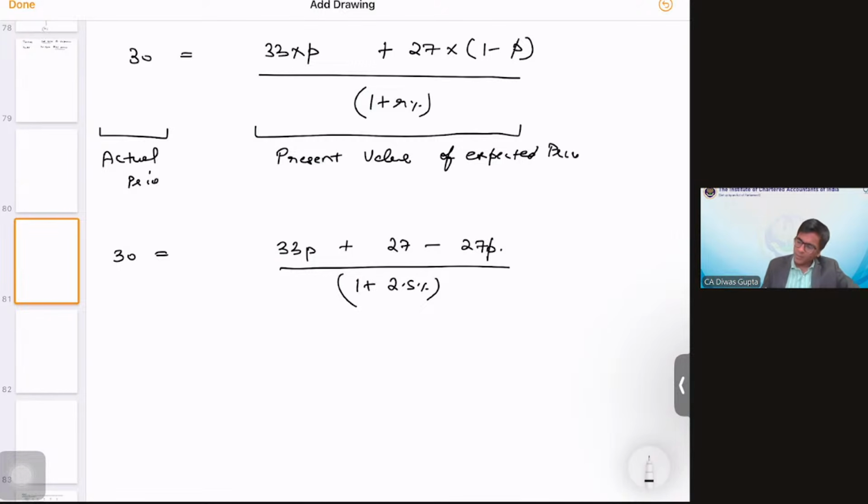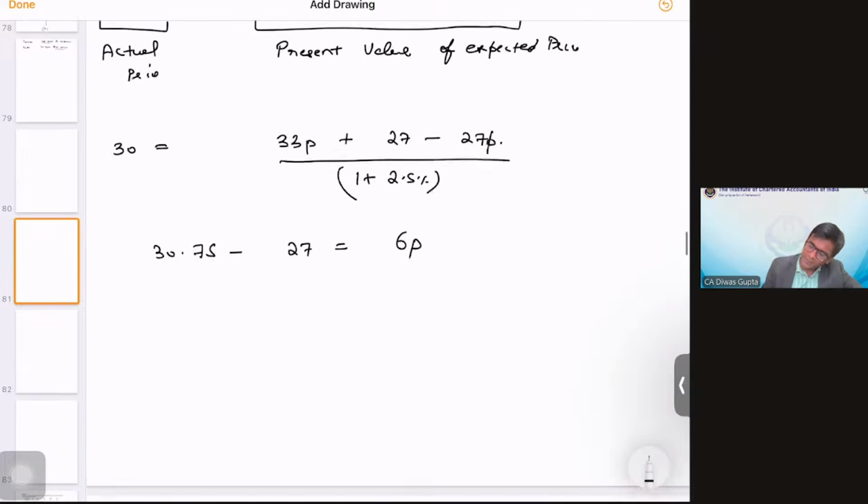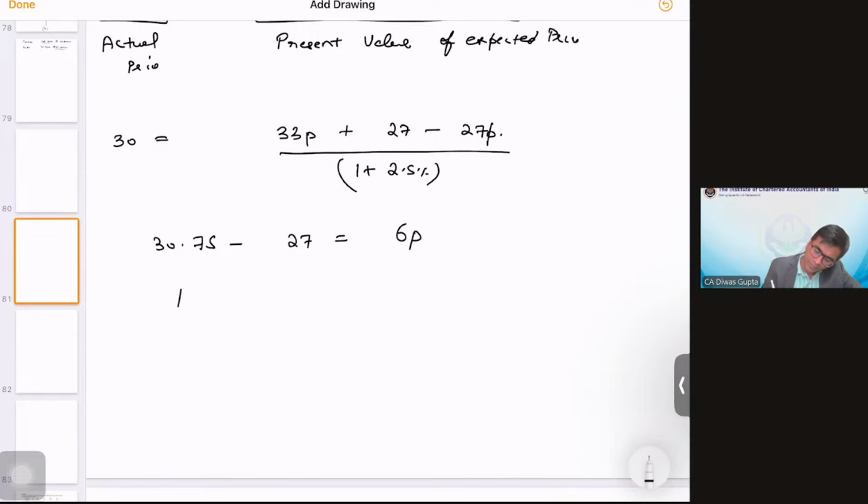So this becomes 30.75 minus 27 is equal to 6p. P is equal to 3.75 divided by 6, which is 62.50 percent, the probability of the price going up.